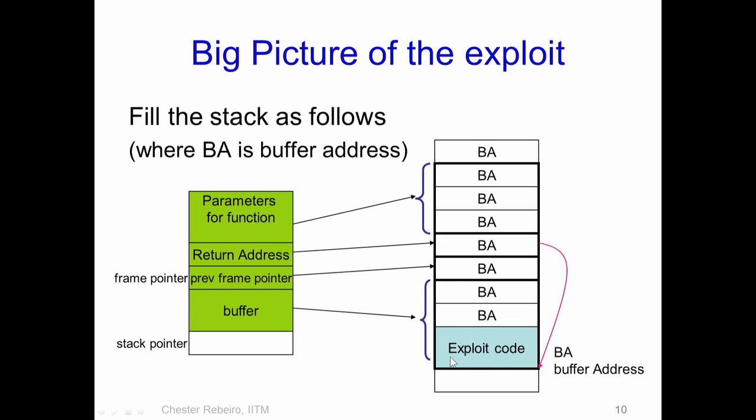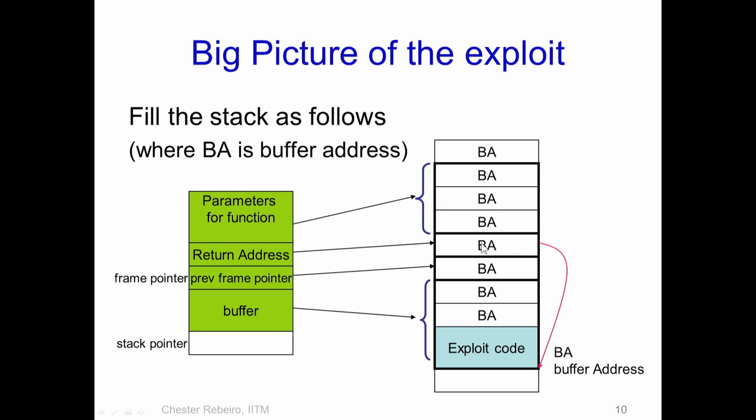A smart attacker will be able to determine the address location of the buffer, and he will overflow the buffer with BA. He keeps overflowing the buffer with BA, and when this happens, at one particular case the return address present in the stack is changed from the valid return address to BA.